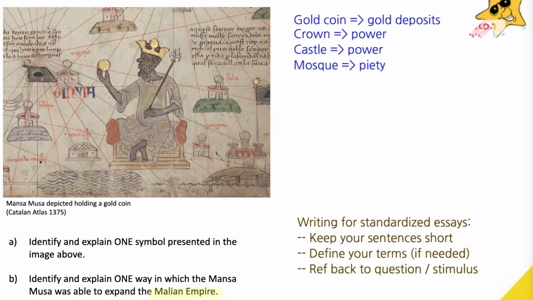So this is what you want to do, and this is how your essay can start. Here are the symbols that are represented in the image above. Typically, A is meant to be an easier prompt than B, and as you see, B gives you a little bit more latitude, but requires a little bit more thinking as well. So B says, identify and explain one way in which Mansa Musa was able to expand the Malian Empire.